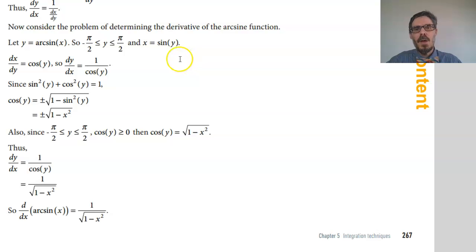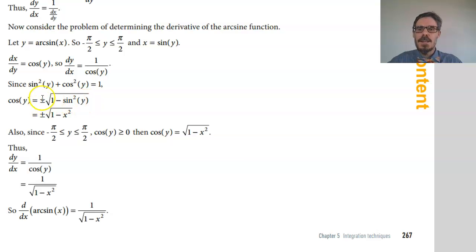Okay. Well, dx/dy, the derivative of this with respect to y, is cos y. So dy/dx is 1 over cos y, which is sec y, but that doesn't quite help me. What I want to do is get back to sine. Well, if I've got a cos and I want a sine, I use my old friend, the Pythagorean identity, which says that cos y is the square root of 1 minus sin^2 y.